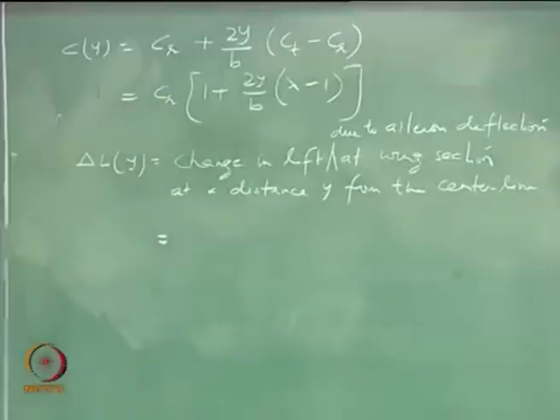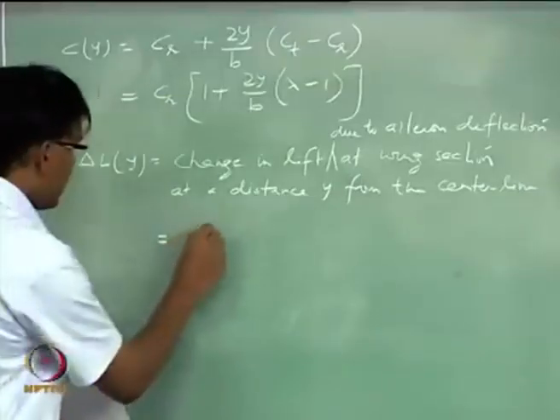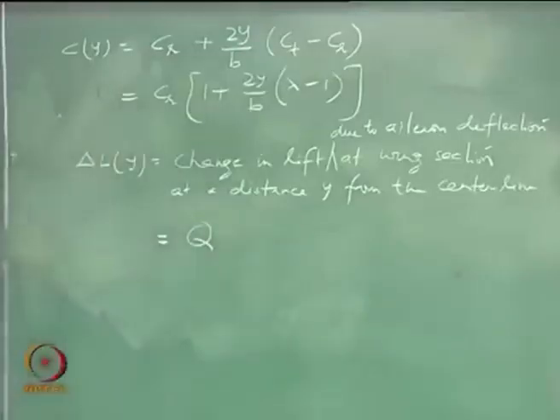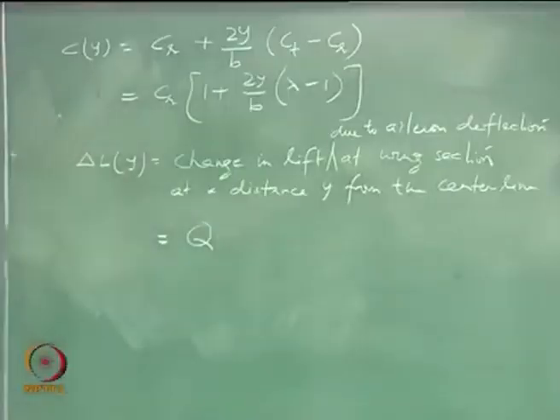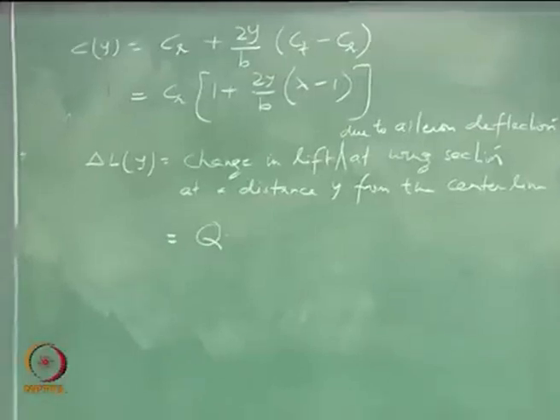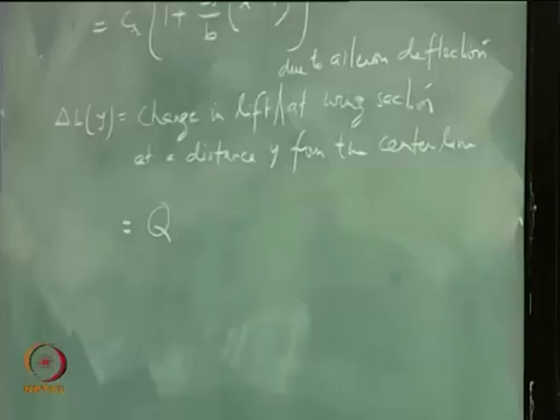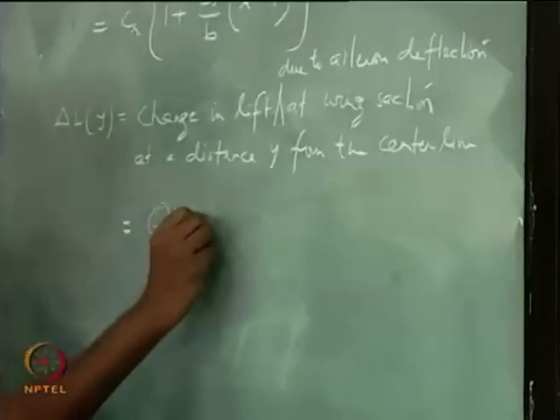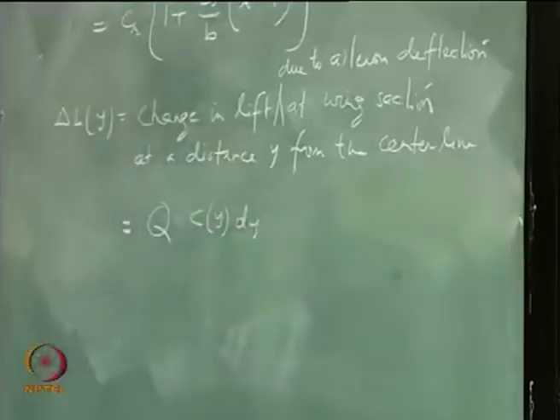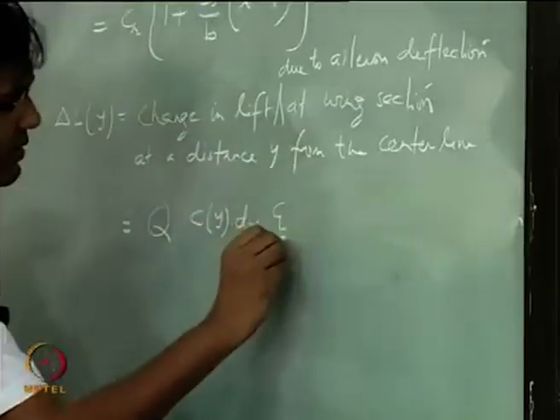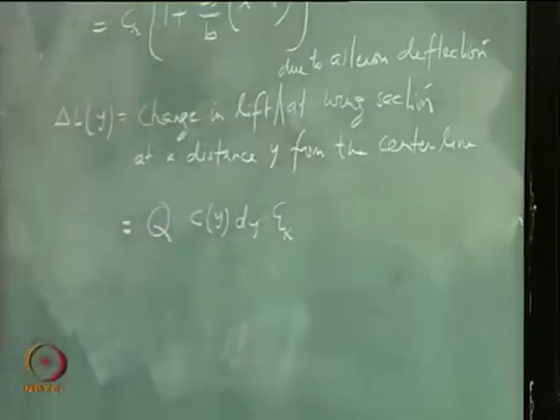What is that? Dynamic pressure into the area. What is that area here? The chord length into this thickness. And Cl alpha of the wing into delta alpha.